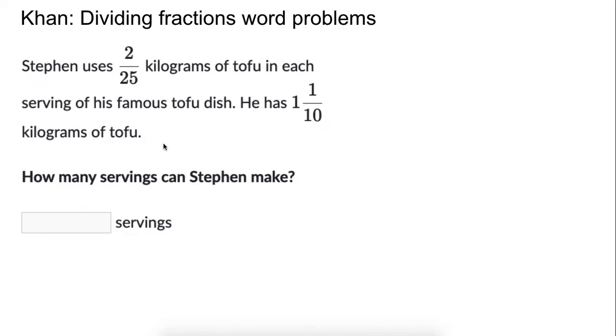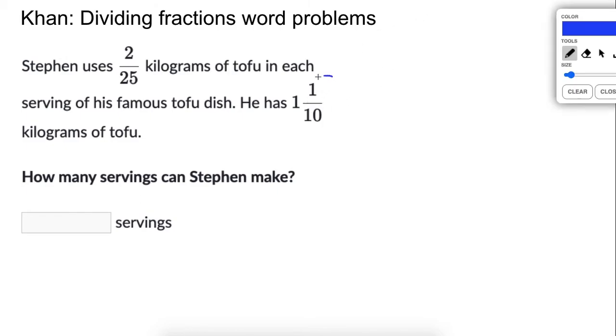So Stephen uses 2/25 kilograms of tofu in each serving of his famous tofu dish. He has 1 1/10 kilograms of tofu. How many servings can he make? So again, we have a total here, don't we? This is how much he has. And this is what he uses for each.